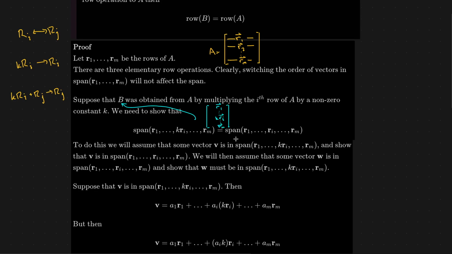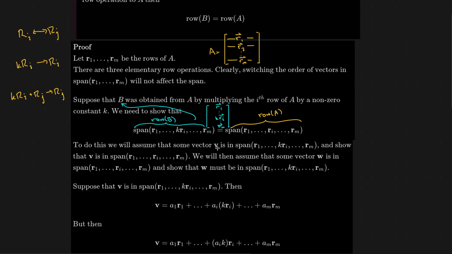And so now, this would be the row space of A. It's the span of the original rows of matrix A. And this span here is the row space of B. It's the span of the new rows of the new matrix after the row operation. You could tell because we've multiplied row i by K. So if I could show these two are equal, then I'm done. So to do this, it's kind of a two-step process.